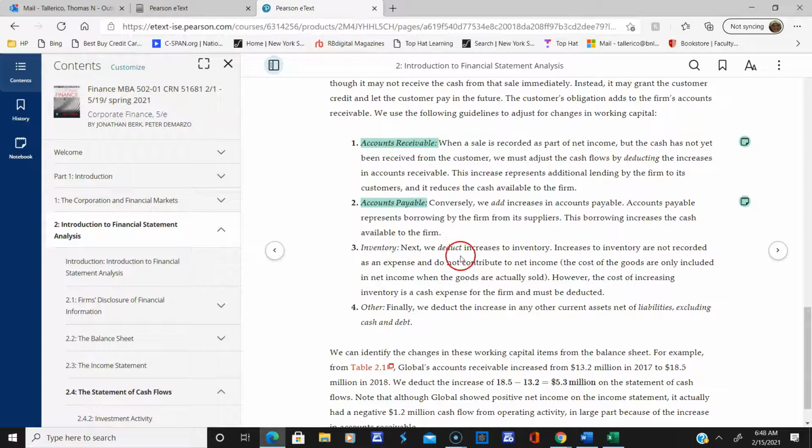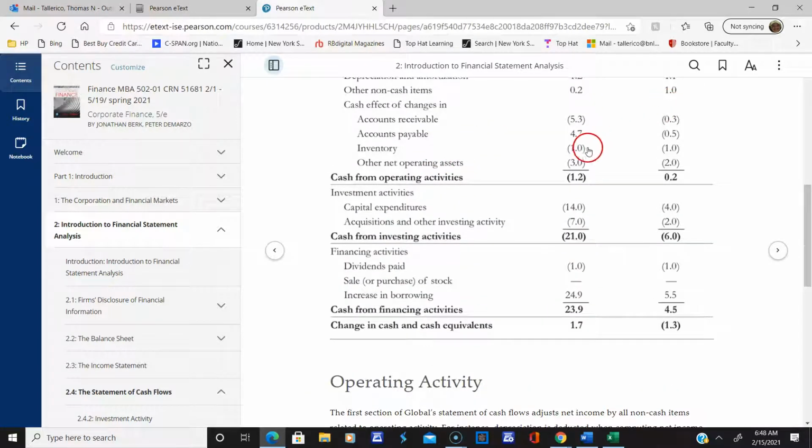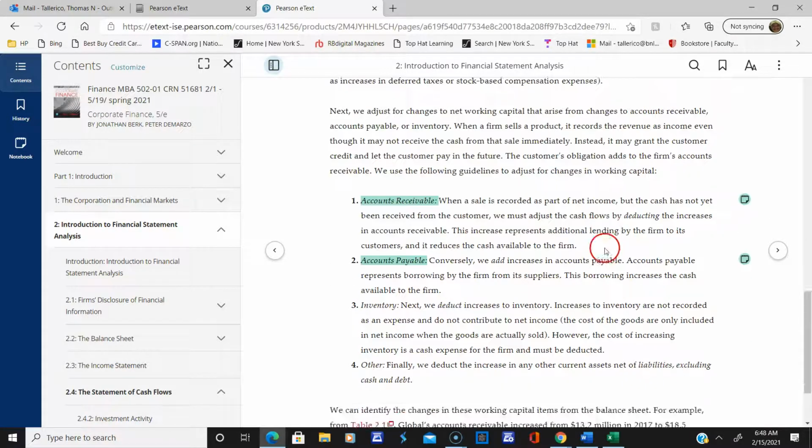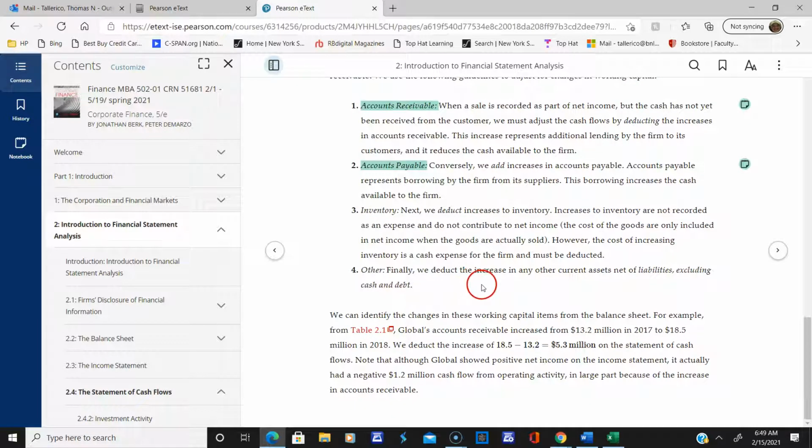And then here's inventory. So increases in inventory: basically you had to pay for them. You notice how this is increased. We increased our inventory, so that's negative. So this is a cash expense, as they said.